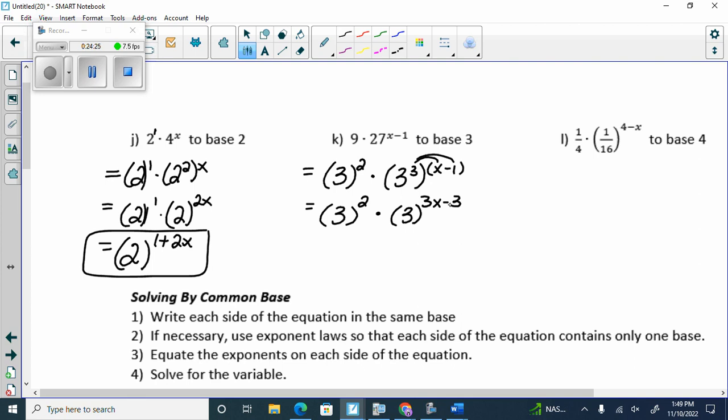Now we have the same base. So what do we do with the exponents? We add them. So we're going to get 3 to the 2 plus 3x minus 3. And then we can collect like terms. So we get 3 to the 3x. 2 minus 3 is negative 1.